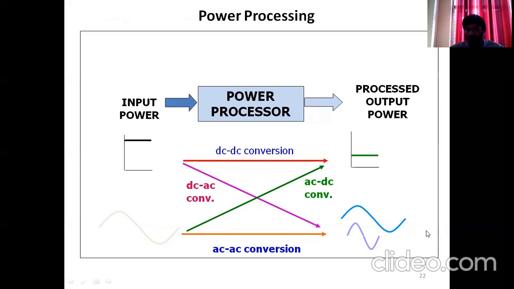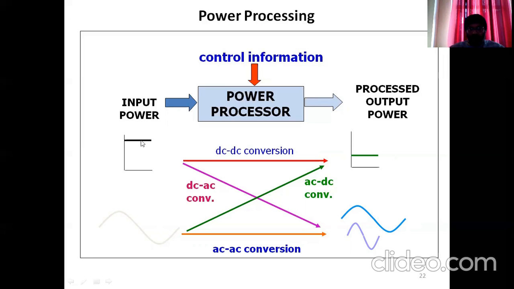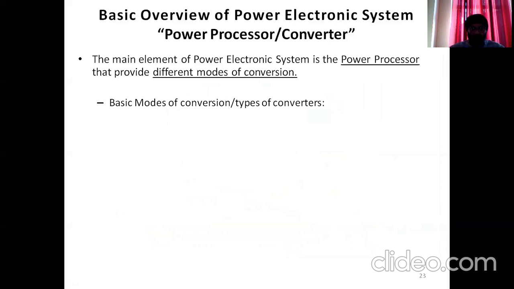These are possibilities. These are the actual power electronic circuits, also called power converters, as we'll see. And this is the controller building block, which sends control information to the power processor, as we have already seen in the earlier block diagram. So now you can remember what is inside the power processor. The next slides will make it even more clear, and we will cover these topics in detail in the next sessions.